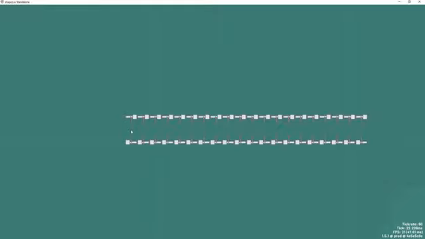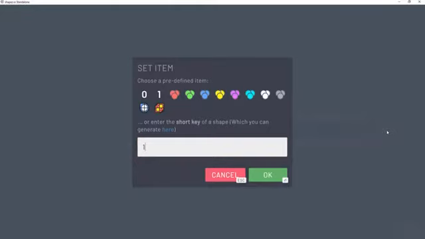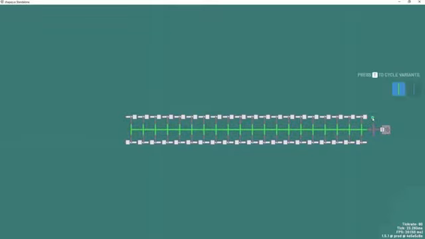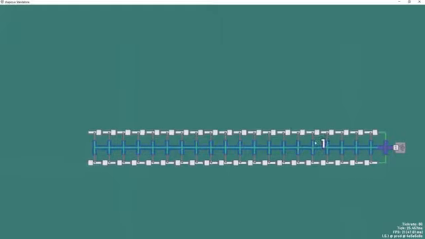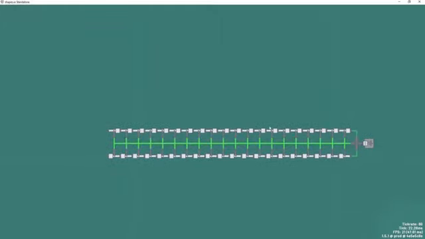We connect them all with a constant 1 signal, like so. There we go. We connect this up, and then we still need one NOT gate. So now we have a 40 tick pulse. I'm going to remove this one so it gets back to 39.